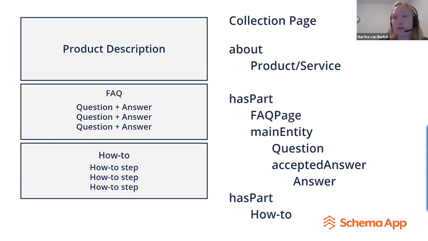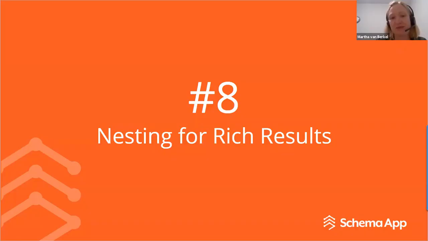And so here I've used those strong connectors in order to make this collection page about the product and service eligible for not just the product rich result, but also the FAQ rich result, and also the how-to rich result. Pretty advanced, pretty awesome.